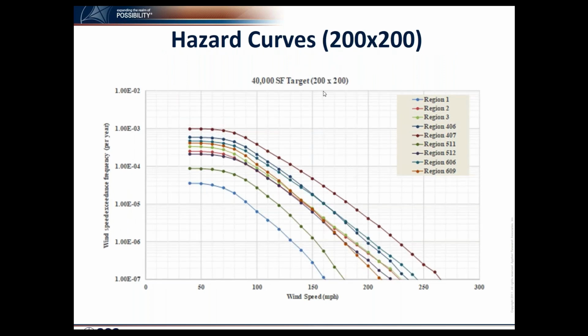This is an example of the 200 by 200 area target, and compared to the point target, the hazard curve shifted vertically, so hazards are increasing, and again with similar characteristics. The hazards are highest for 407, lowest for 401.